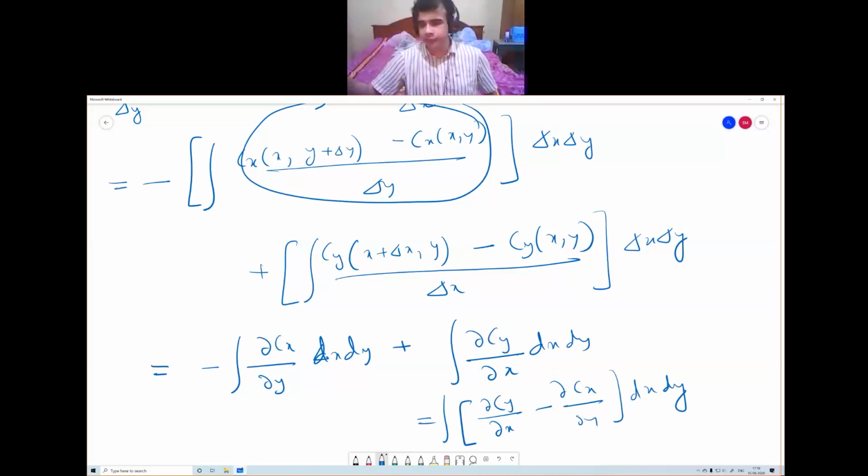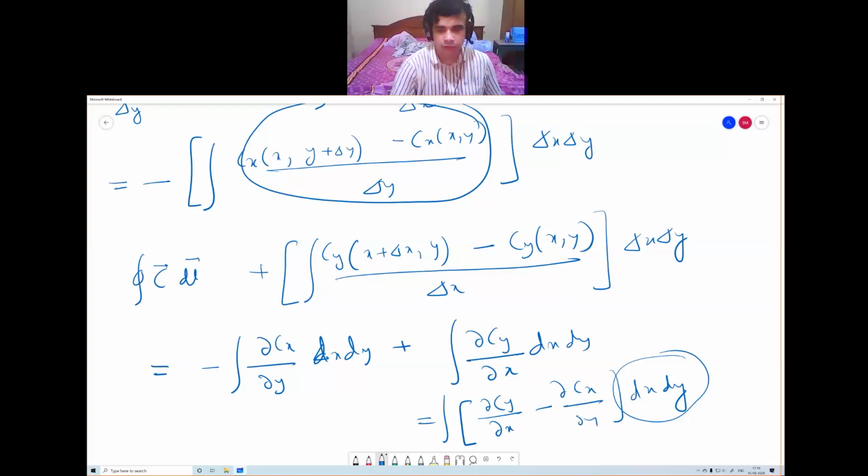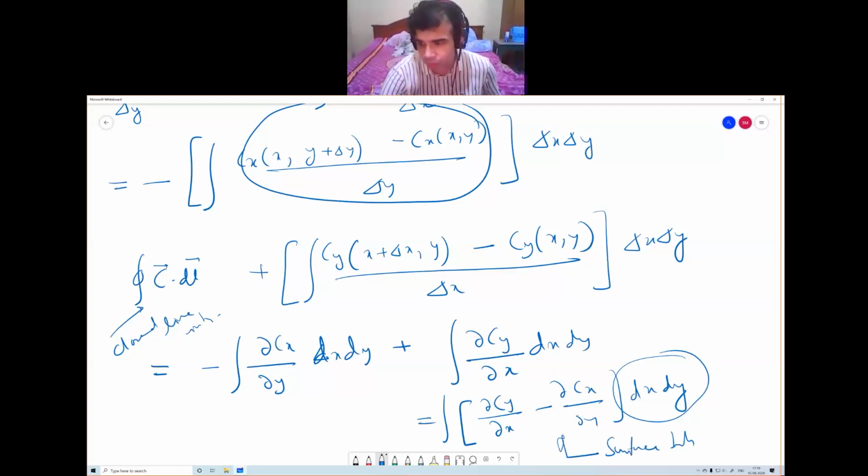So the overall line integral is now a surface integral. Now we are integrating over the square surface dx dy. Can we say that the line integral is now converted into a surface integral? We started from here, closed integral of C dot dl, and we finished here. This was a closed line integral, and this is a surface integral now.